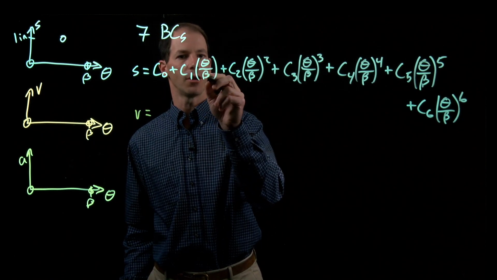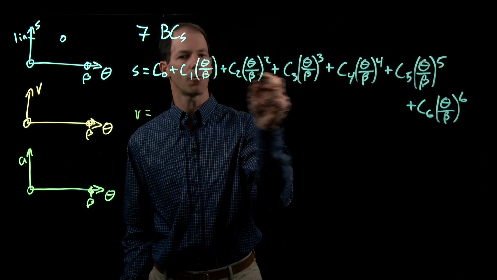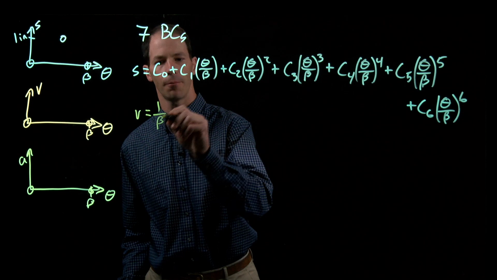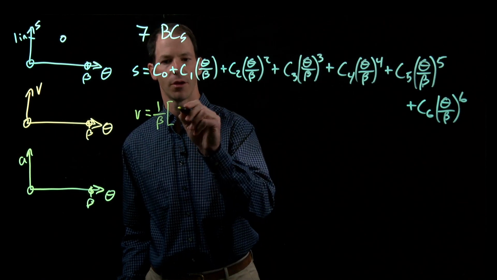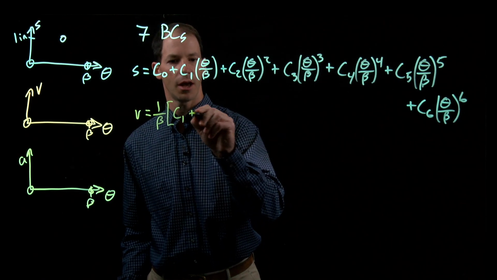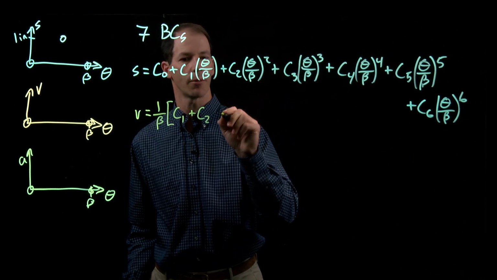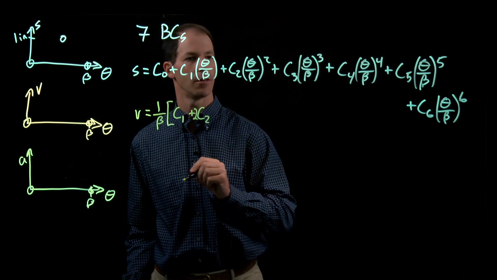I get C1 here, and then I get this 1 over beta term coming out from all of these. So I'll just pre-multiply by 1 over beta. And so I'll have C1 plus C2. One thing I missed here is that I have a 2 coming out in front of C2, so let me just sneak it in there.